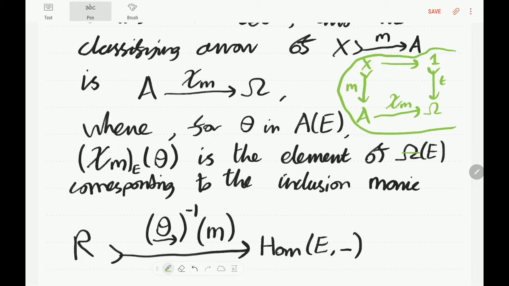But remember that we're thinking of the elements of omega of E as sub-objects, in fact inclusion monics, of Hom(E, -). You remember we saw that they're going to correspond to such things, and then we agreed that we're going to consider the E-type elements of omega as sub-objects of Hom(E, -). So an element of omega of E, for us, we simultaneously think of as a sub-object of Hom(E, -), in fact an inclusion monic into Hom(E, -).